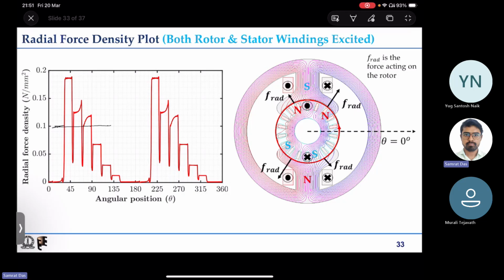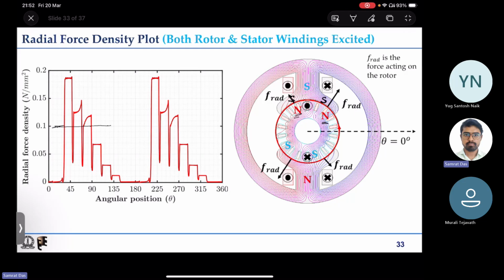You have almost uniform strength north poles on the rotor, as marked on the figure with this N, but you have a stronger stator south pole here, and you have a weaker stator south pole on the left hand side.